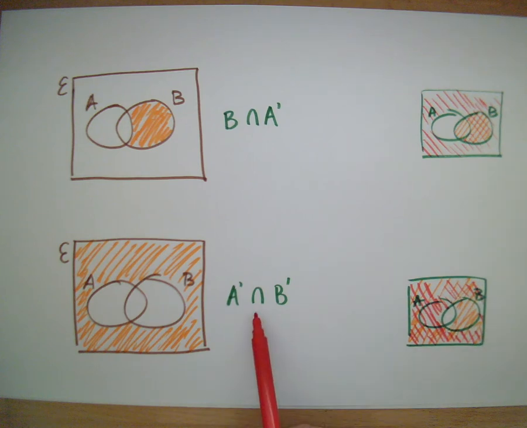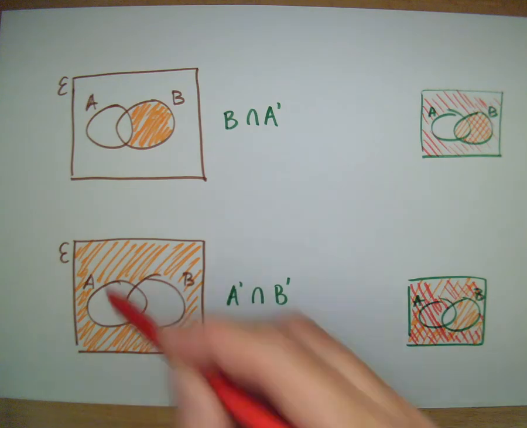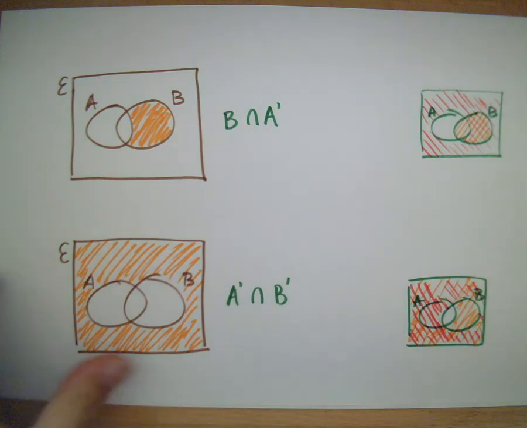And because we have the intersection sign, we ask, where do these two shaded areas intersect? Where do they overlap? And that's nothing inside A, nothing inside B, everything outside of the two, which is what we've got. So that's correct.